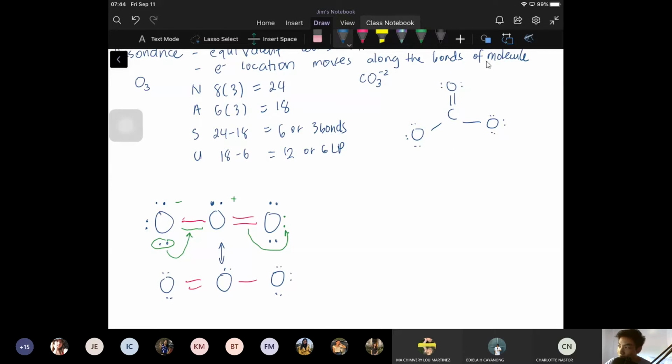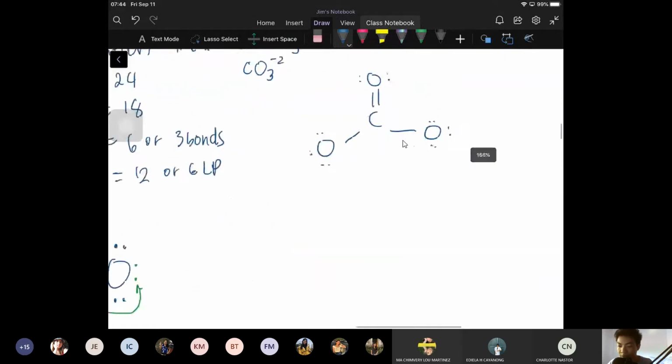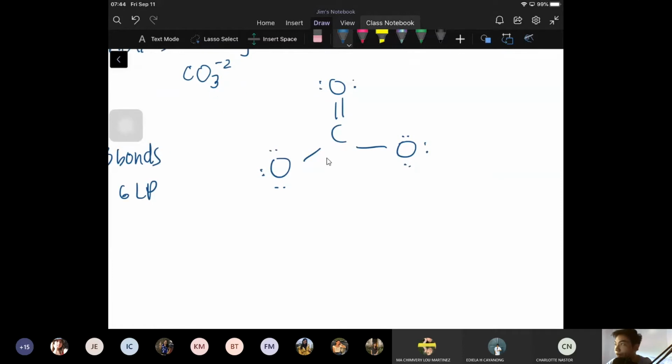So paano yung resonance dyan? So pili ka lang ng may lone pair na single bond, no? For example, I will use this oxygen here. Itong lone pair niya, I will use that to make a bond.